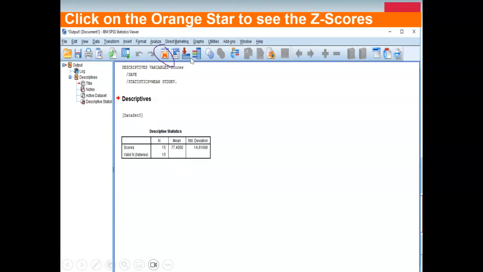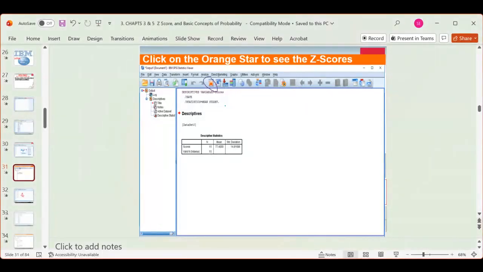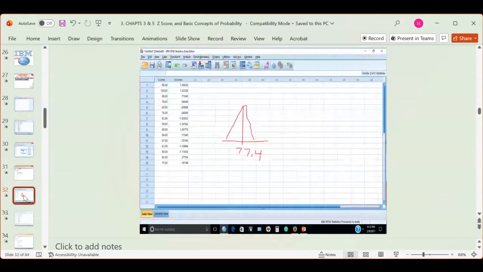If you click on that orange star right there, it says to see z-score. You click on it, and you see the z-score for every one of those scores.